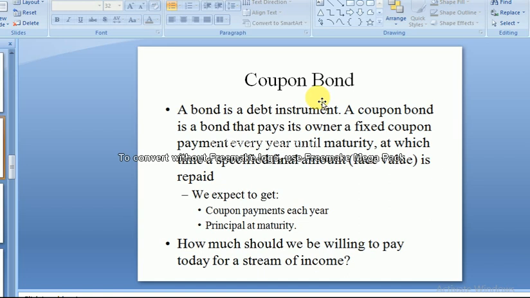Dear students, for further explanation, we can say that a coupon bond is essentially anonymous, with no name on the bond or sales record.